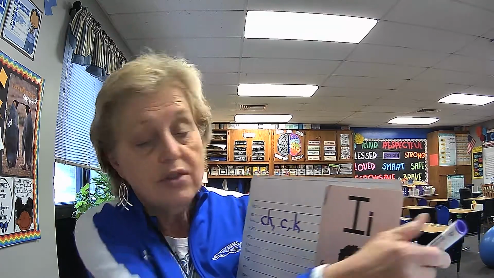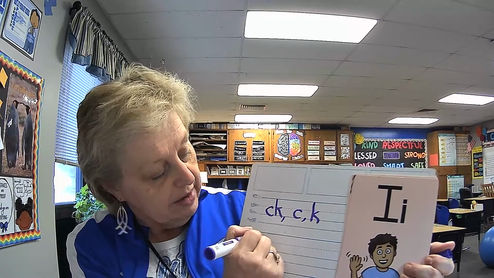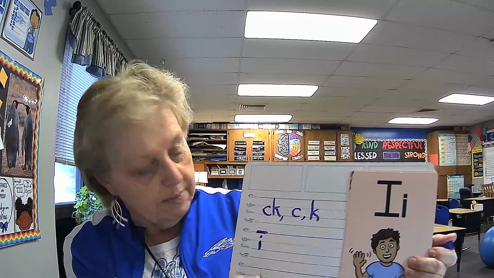The next thing I want us to do is different ways to make the long sound of I. The long sound of I. Echo me. I. All right. Now here's the first way. I, hi, I. So let's just put the letter I with a macron above it.